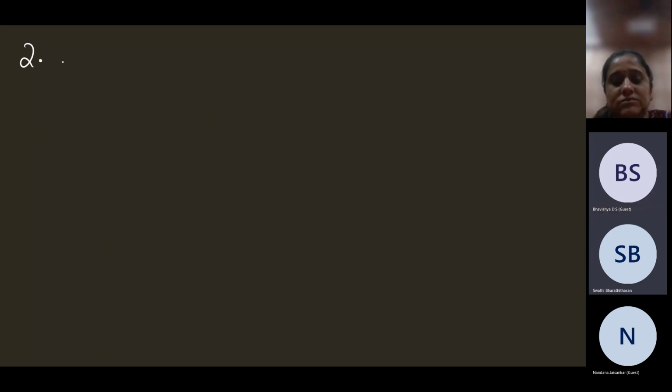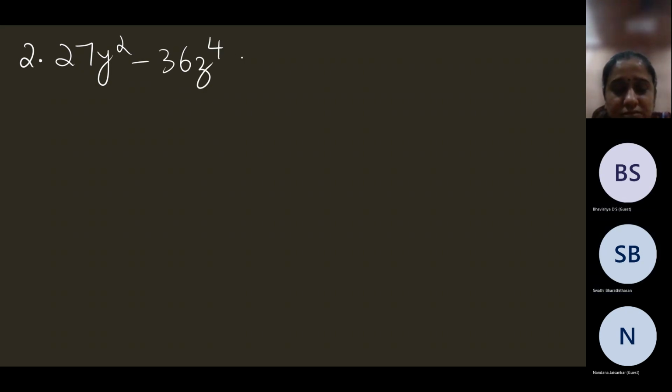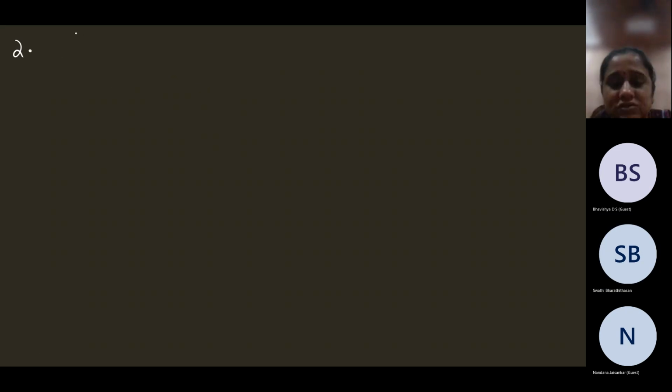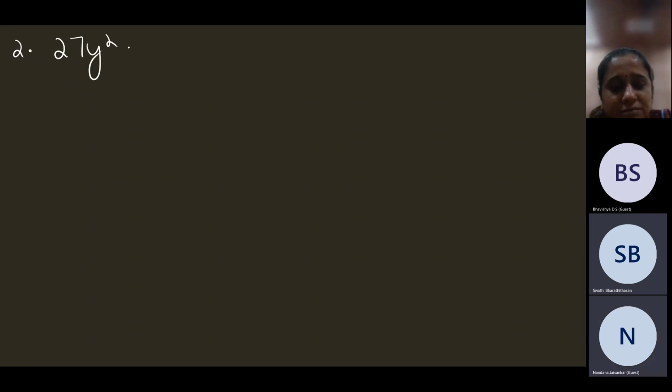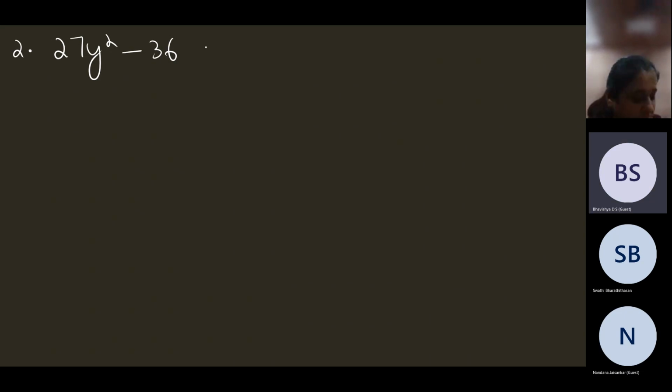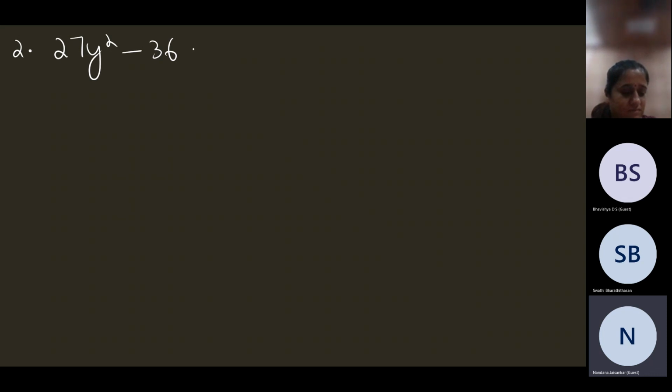Ma'am, I'm having doubt in the second sum. Okay, Bhavishya, then tell me the question. Ma'am, 27y square minus 363 y to the power 4.